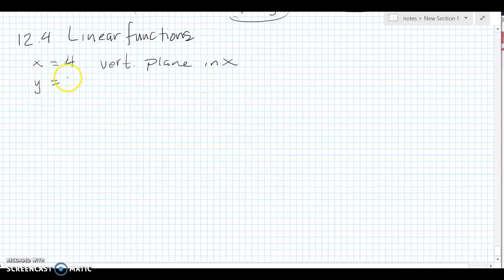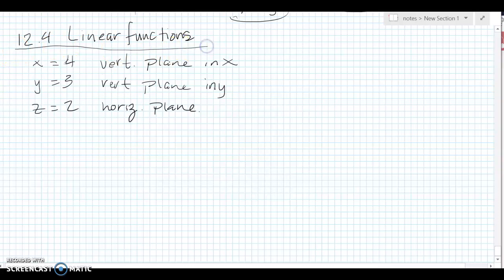Y equals some number, that's a vertical plane in y. Z equals some constant, we get a horizontal plane. Those are the planes that we have so far.